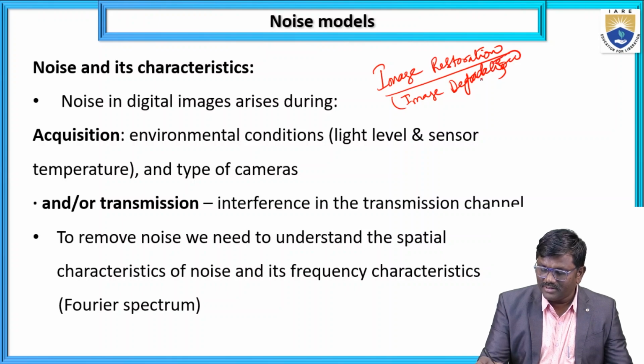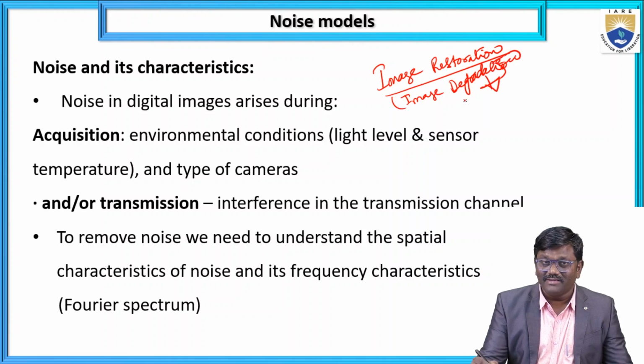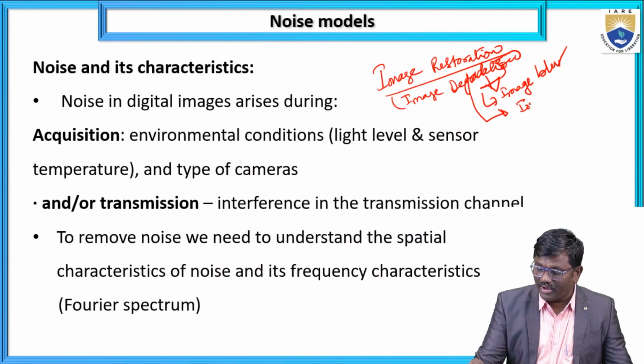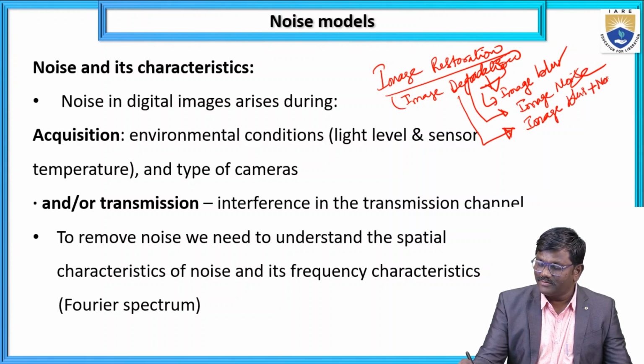Image degradation we extend to understand as an image that may have blur, that we call image blur, an image which has some noise, that is image noise, or an image which can have blur plus noise.